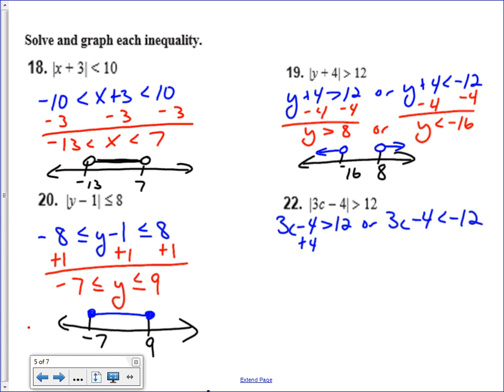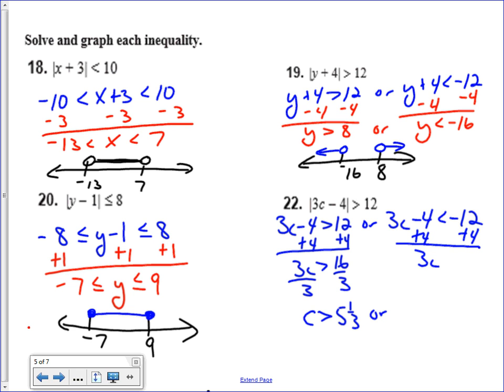I would add 4, and I get 3c is greater than 16, divide by 3, and I get c is greater than 5 and a third. Or if I solve this one, I'd add 4, and I'd get 3c is less than negative 8, and I'd divide by 3, and I'd get c is less than negative 2 and 2/3.